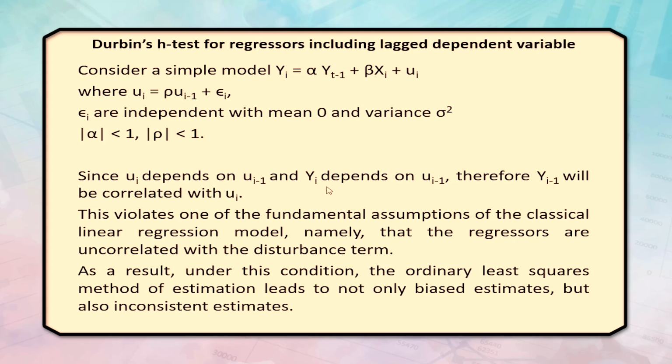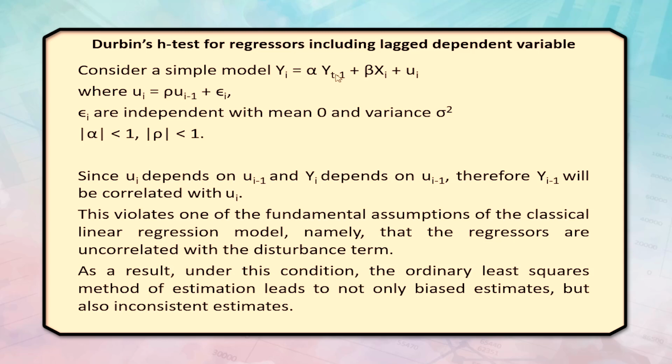So, y_i depends on u_i, and y_i minus 1 will also depend on u_i minus 1, because u_i minus 1 and u_i are both correlated. I repeat once again. So, u_i depends on u_i minus 1 and y_i minus 1, my dear viewers, this is y_i minus 1.